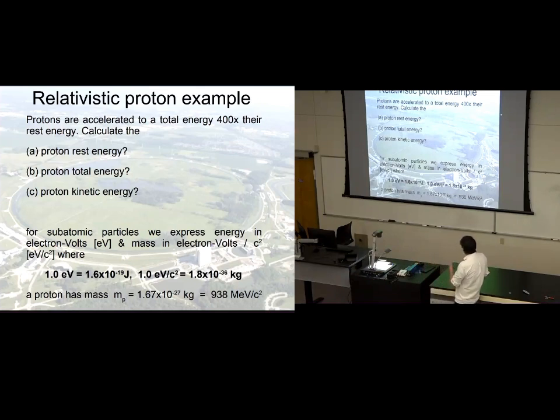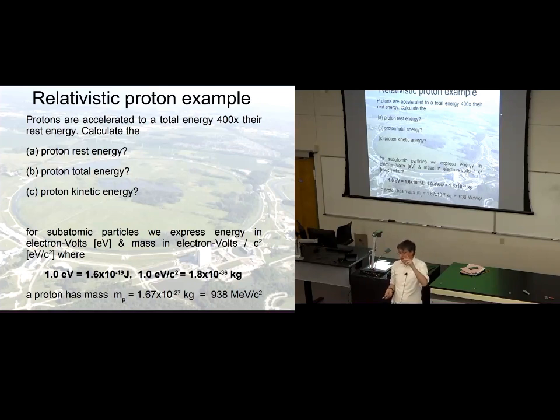The other thing is that I'm going to calculate these energies, but not in joules because it gets cumbersome. I'm going to calculate them in another energy unit, electron volts. I'm assuming that you've had chemistry and you've met electron volts as a unit of energy. You've met electron volts over c squared as a unit of mass.